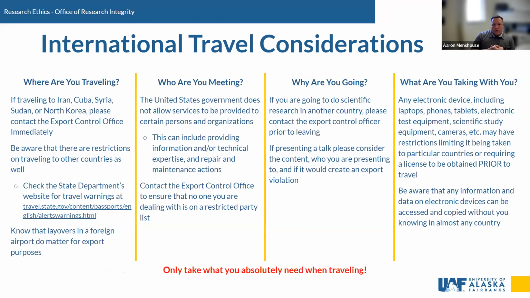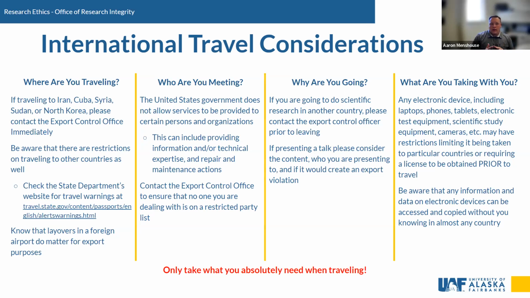As I mentioned before, international travel is going to be one of the areas you'll probably most interact with export controls. Now that things with COVID are going better and people are beginning to travel more internationally, what I do is weekly, I will actually log into Concur and I will look at the list of everyone at the university who has applied through Concur for international travel.